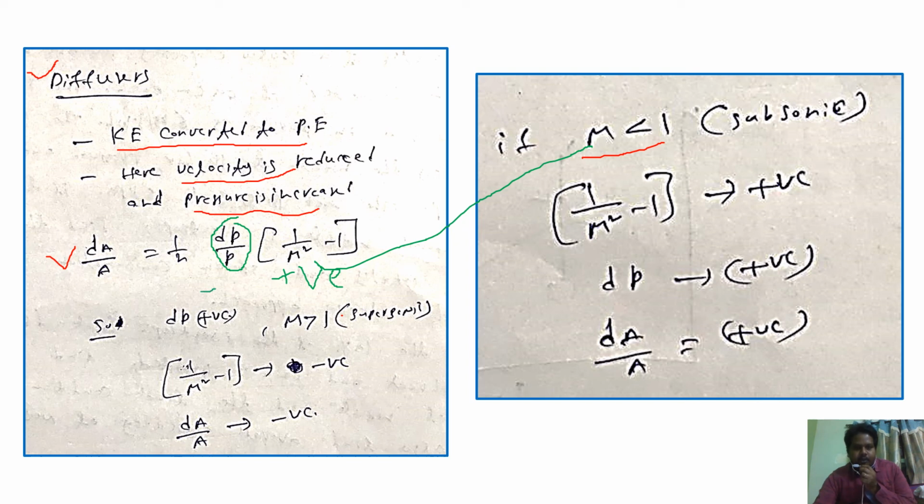So positive into positive, dA by A is positive. So this is the way we design the diffusers.